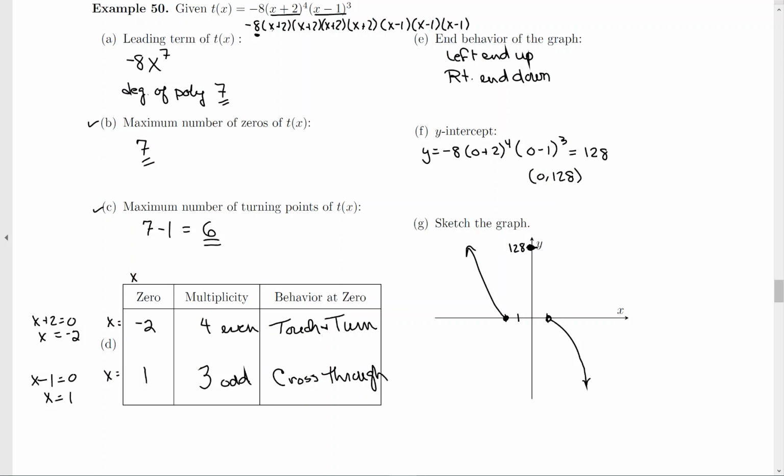At negative 2, we touch the x-intercept and then we turn around and go all the way up to 128 at least. And then from 128 we've got to go back down to our other x-intercept at 1 here. And at 1 we're going to cross through that x-intercept.